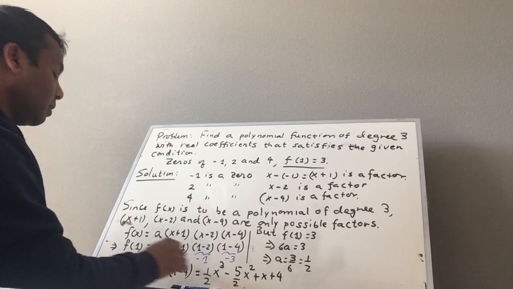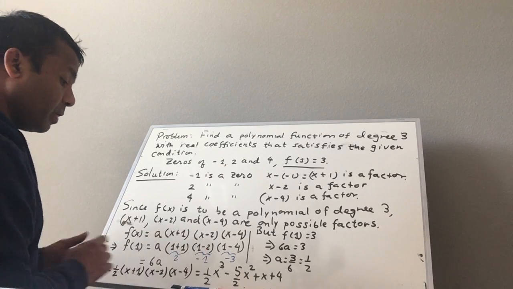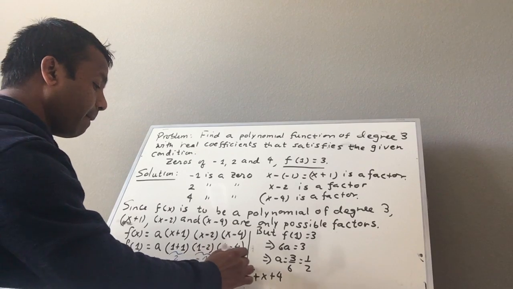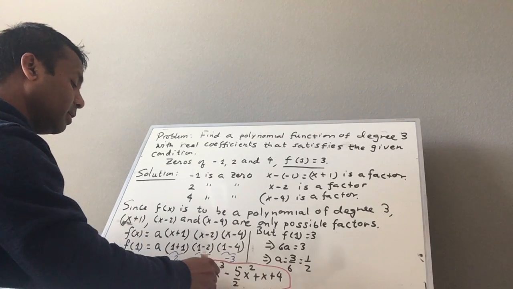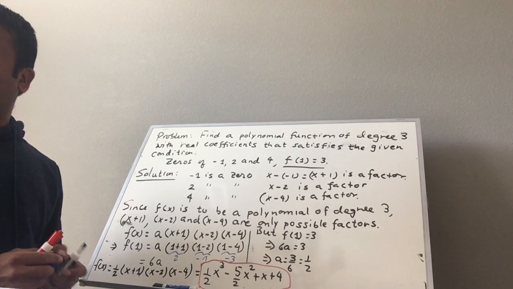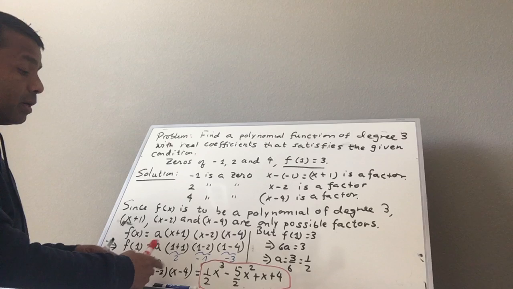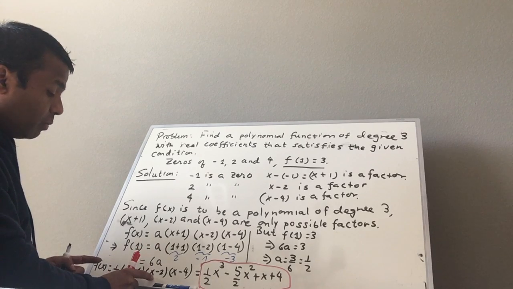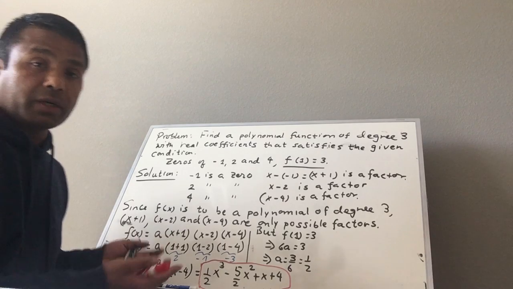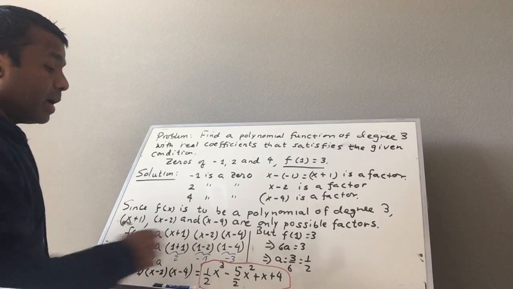So this is the polynomial of degree 3. So you got 1/2 x cubed minus 5/2 x squared plus x plus 4. You just multiply these two factors using FOIL, and again the product is multiplied by x minus 4 using FOIL. Then you will get this final answer.